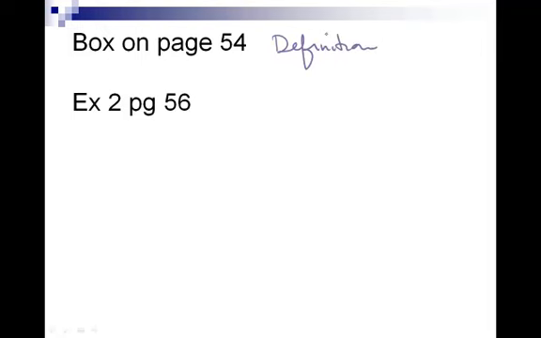But take a look at the bottom of page 54 where it says definitions. And this is what we just talked about on the last screen: if the limit of f of x as x approaches infinity is some value L, then y equals L is a horizontal asymptote.